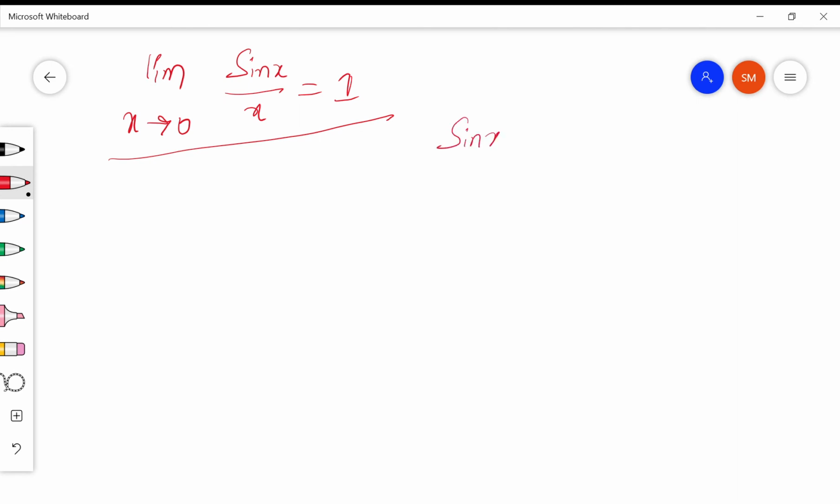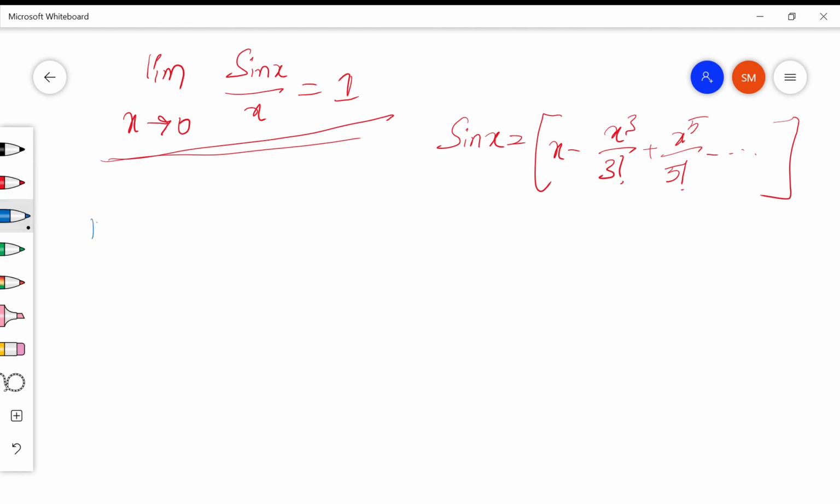Sin x is equal to x minus x cube by 3 factorial plus x power 5 by 5 factorial minus and so on. So this is the sine series, and we'll use it to prove the standard result. We substitute this series in place of sin x.